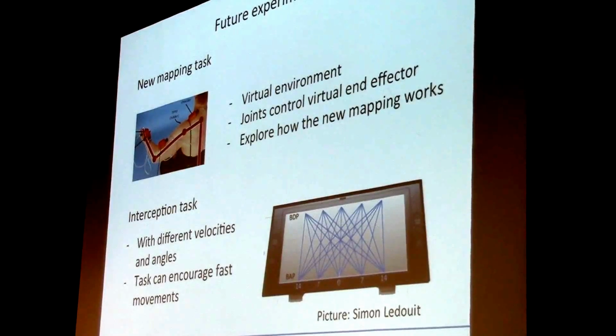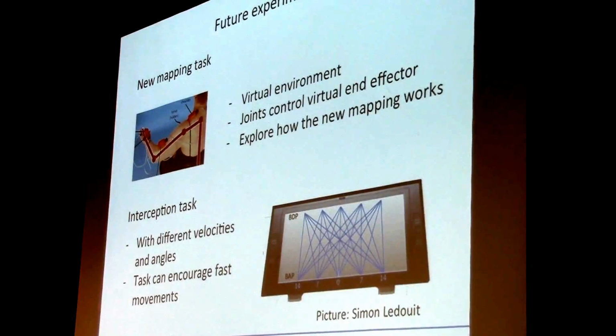So you really have a new task where you have to explore what happens if you move your limbs, and it would be interesting to look at how it evolves over time, and if mode of flexibility would change over time in this new task.